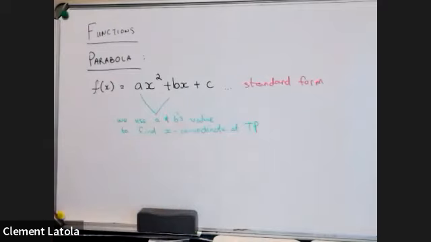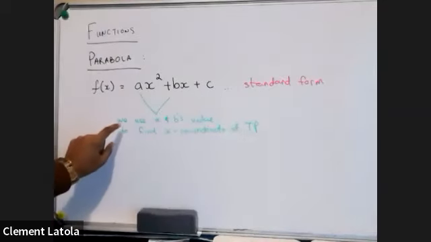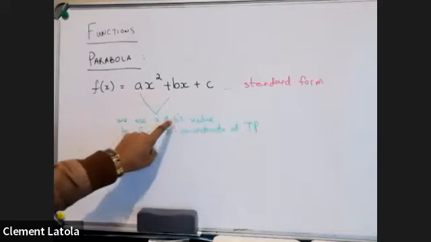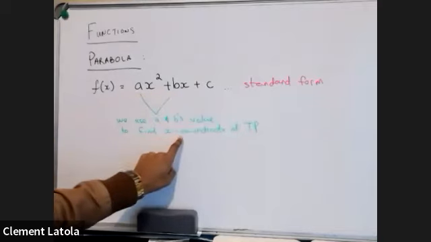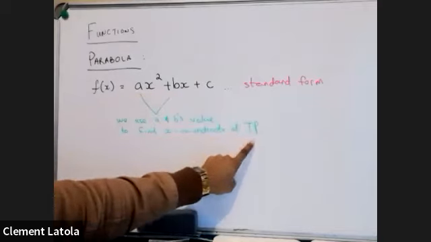Does anyone know the formula to work out the x coordinate of the turning point? Sumila, do you know this formula? Sir, could you please repeat? Okay, I'll read the sentence out. It says, we use a and b's values to find the x coordinate at the turning point.